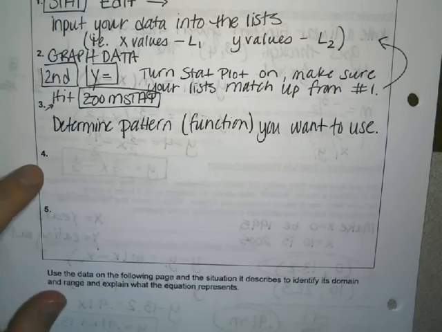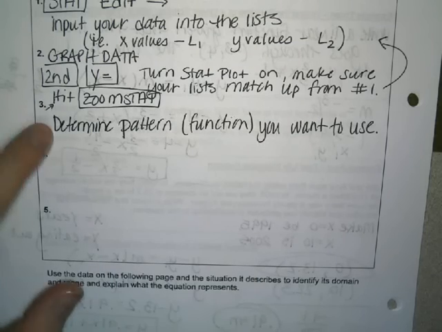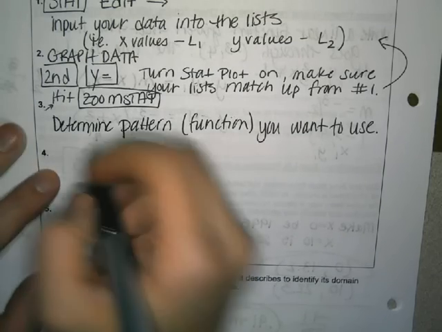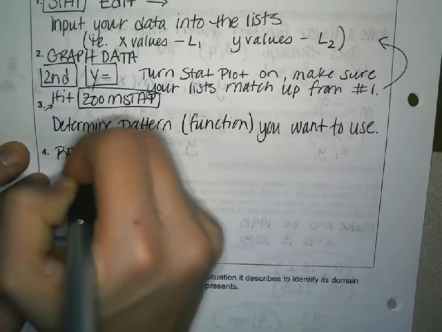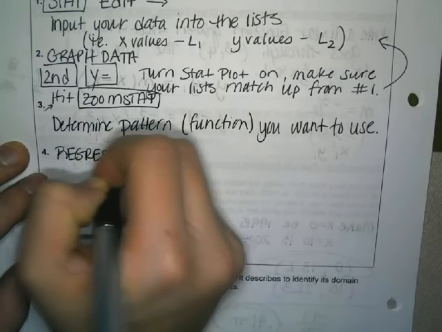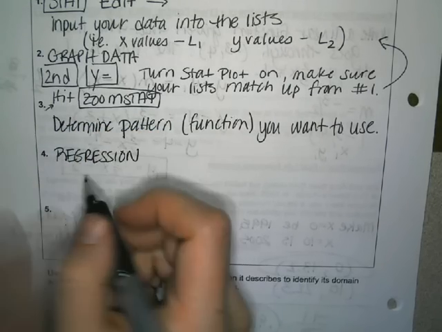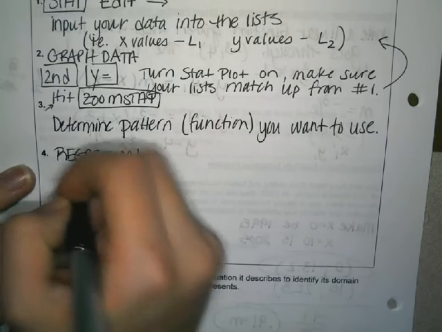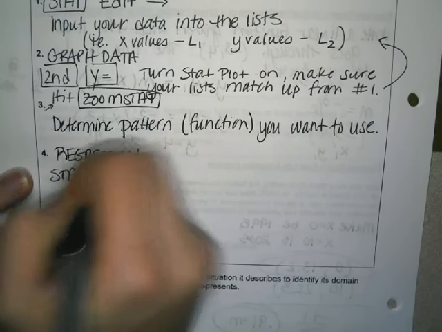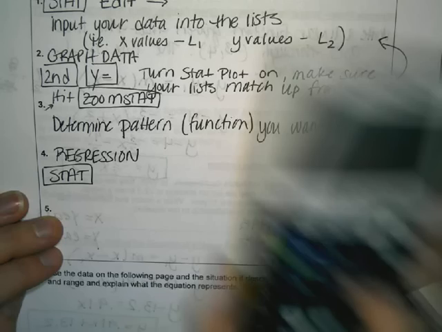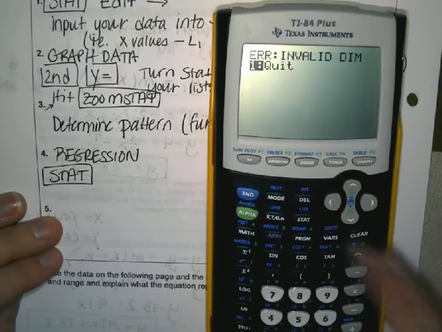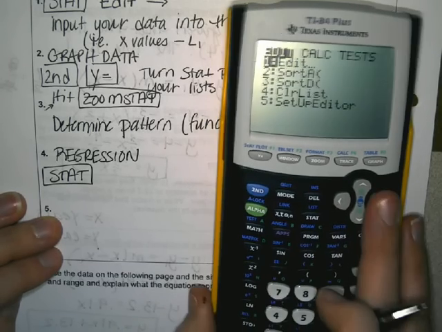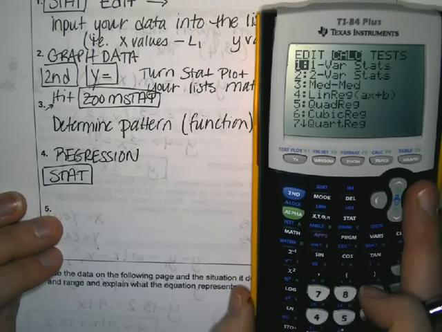then after you determine the pattern you want to use to have the calculator do the regression, you need to go to Stat again. And then you need to go to the Calc menu to go over 1.